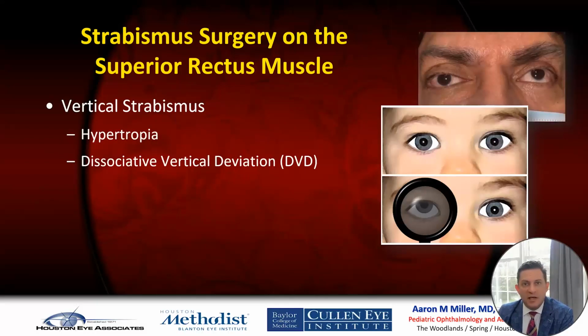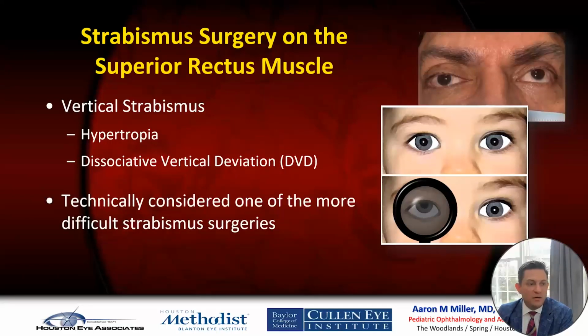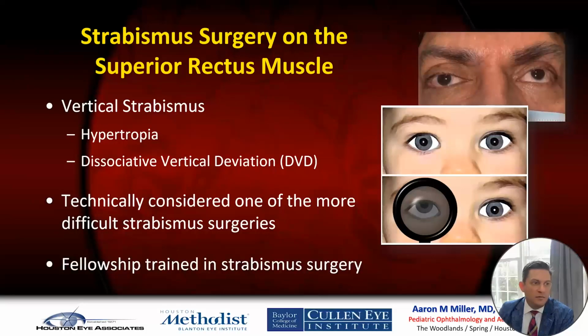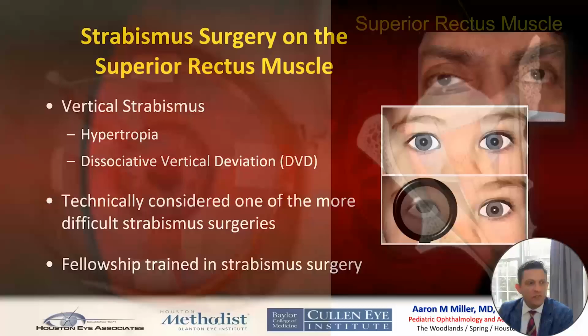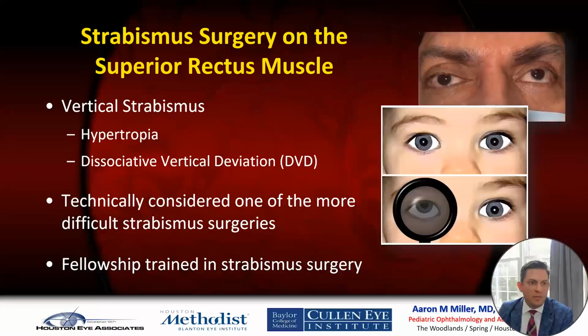Dissociative vertical deviation is often a product of a disruption of binocular vision development at early ages, so it is tied to infantile strabismus. I'll see it in patients with infantile esotropia, but also in a lot of early onset exotropia patients, because of the disruption of the visual system at such a young age.